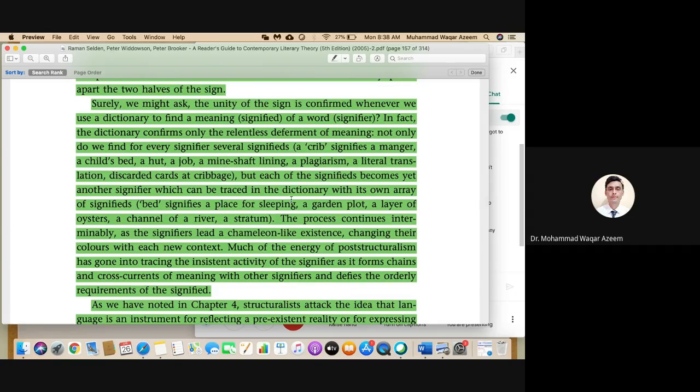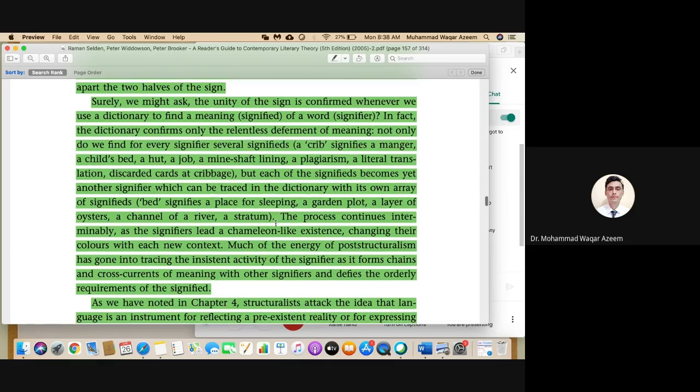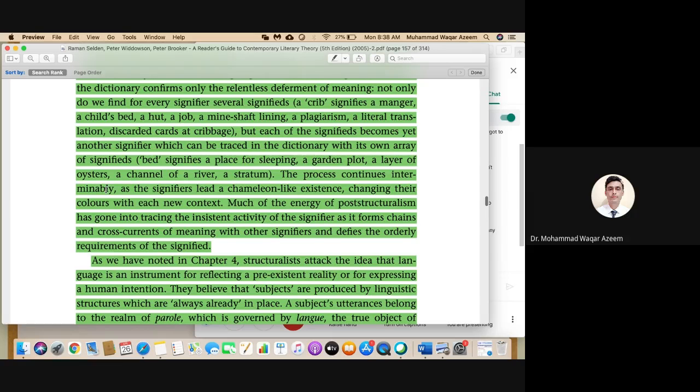Bed signifies a place for sleeping, a garden plot, a layer of oysters, a channel of a river, a stratum. The process continues interminably, endlessly, as the signifiers lead a chameleon-like existence, changing their colors with each new context. Much of the energy of post-structuralism has gone into tracing the insistent activity of the signifier as it forms chains and cross-currents of meaning with other signifiers and defies the orderly requirements of the signified.